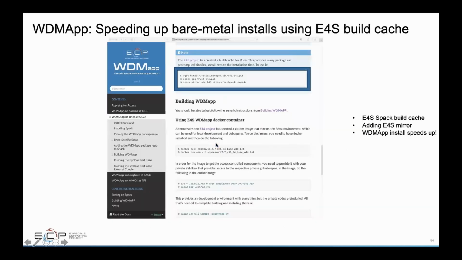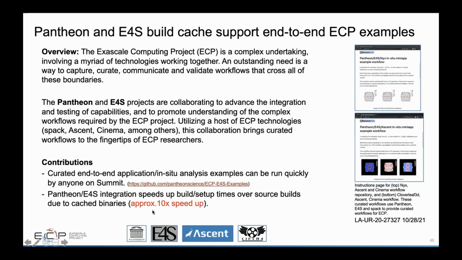Here is an example of the WDM app, the whole device modeling application for the ITER fusion reactor. And then you can see how the images can be used to create Docker containers and how you can use it for the installation. There's another project called Pantheon, and they are reporting a 10x speed up in the use of the build caches from E4S.